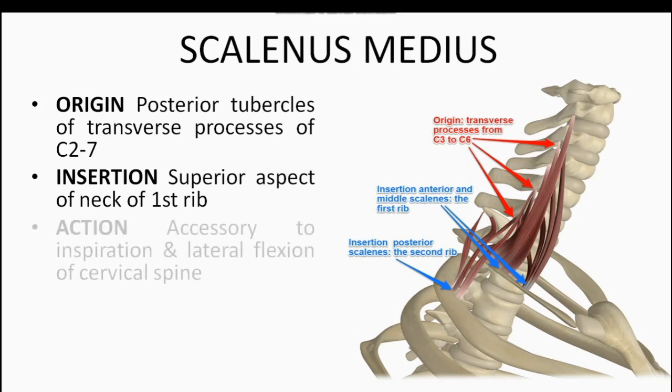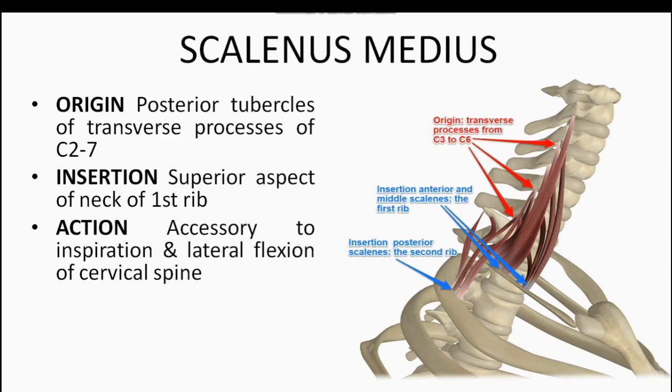The action is, it is also an accessory muscle for inspiration, that is to lift the rib. So it lifts the first rib, as well as lateral flexion of cervical spine.